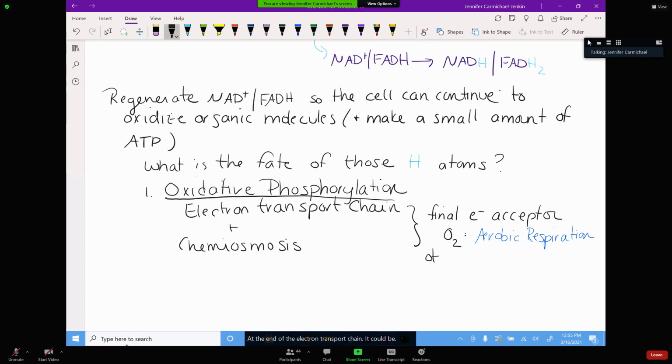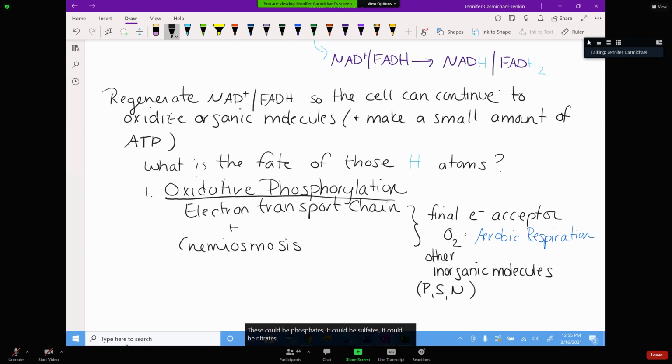It could be other inorganic molecules. These could be phosphates, sulfates, or nitrates. We can't do this. Animals and plants can't do this. Bacteria can, fungi can.